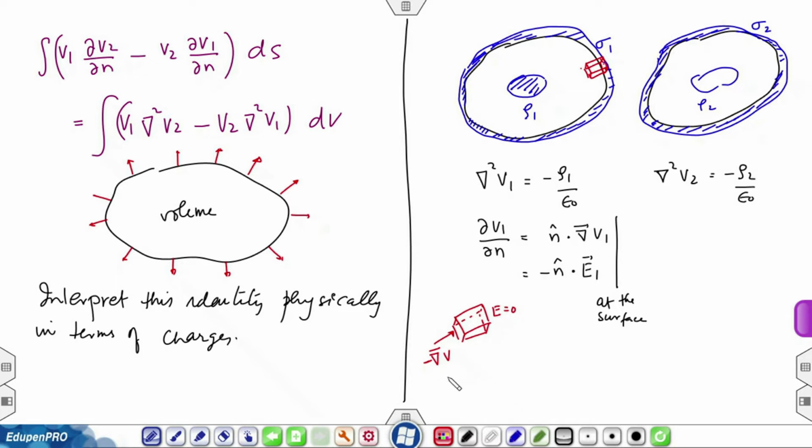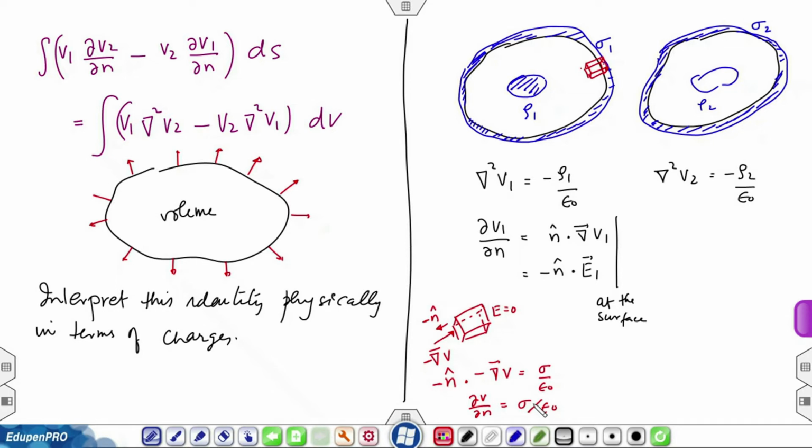So, if I do Gauss's law, I am going to get minus n, because the normal out here is going to be minus n, dot minus grad V is equal to sigma over epsilon 0, or dV dn is equal to sigma over epsilon 0. This is a slight calculation to relate dV dn to sigma over epsilon 0, or the surface charge.